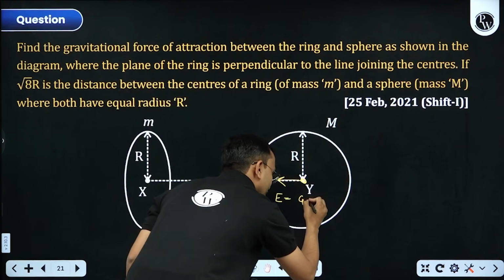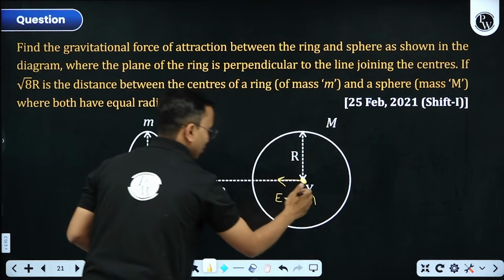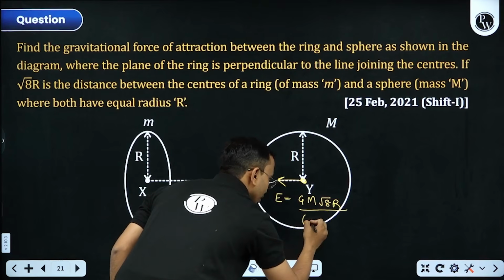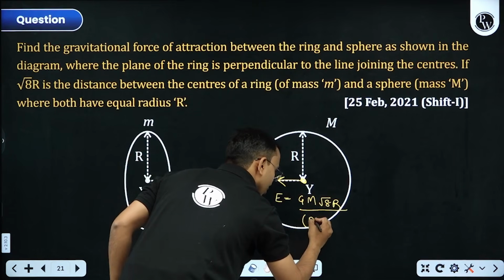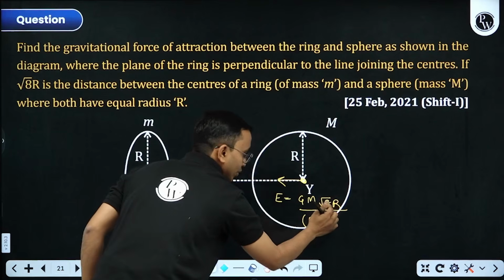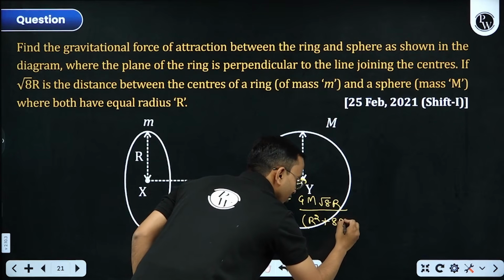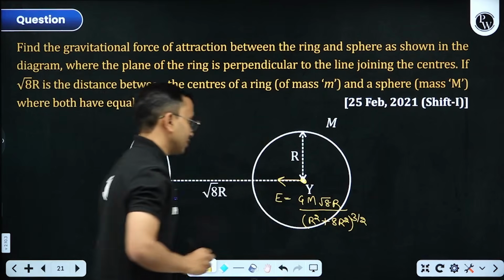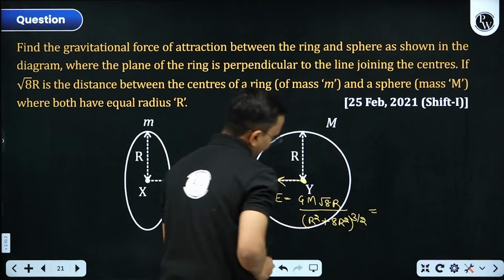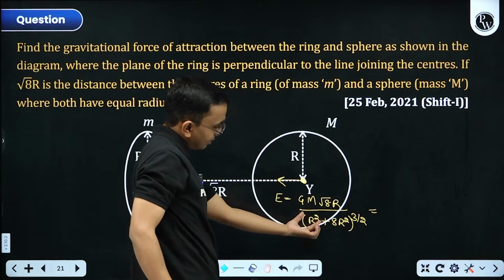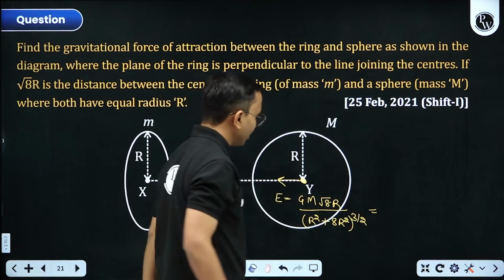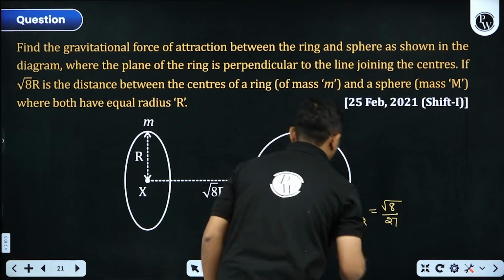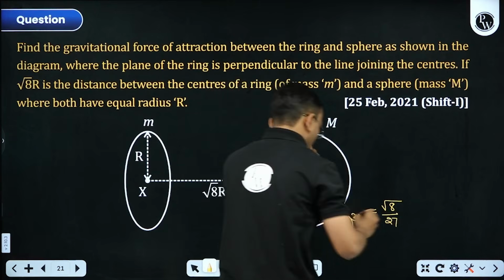So G into M into X, that is root 8 R, divided by R square, radius is R, plus X square, root 8 R square, it will become 8 R square, whole to the power 3 by 2. This is my field. How much is this? This will become root 8 by, this is 9 to the power 3 by 2, that is 27, root 8 by 27 into Gm by R square.